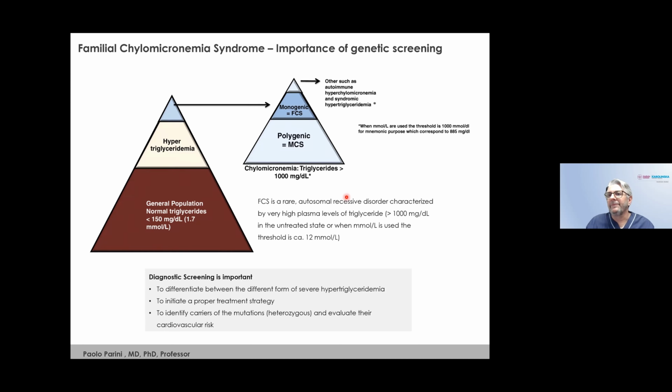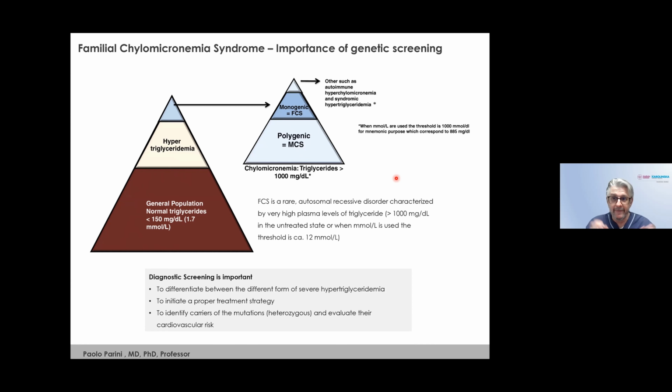FCS is a rare autosomal recessive disorder. What does this mean? It means that the frequency is very low. It means that the mutated genes are present in those chromosomes that do not determine the biological sex, and it is recessive, which means that I should have two gene defects in the two copies of the gene.